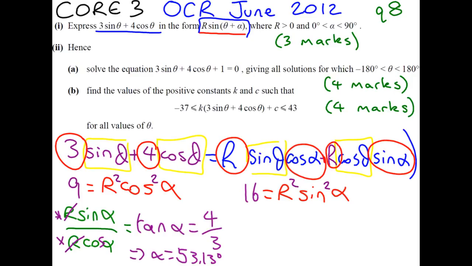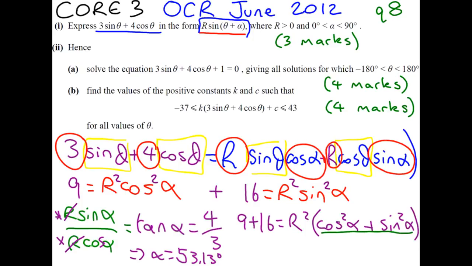Now we know that cos squared alpha plus sine squared alpha is 1, and actually if we add these 2 equations together, we get that 9 plus 16 equals r squared cos squared alpha plus r squared sine squared alpha. We can factorize out the r squared, and this big bracket is obviously going to be equal to 1.